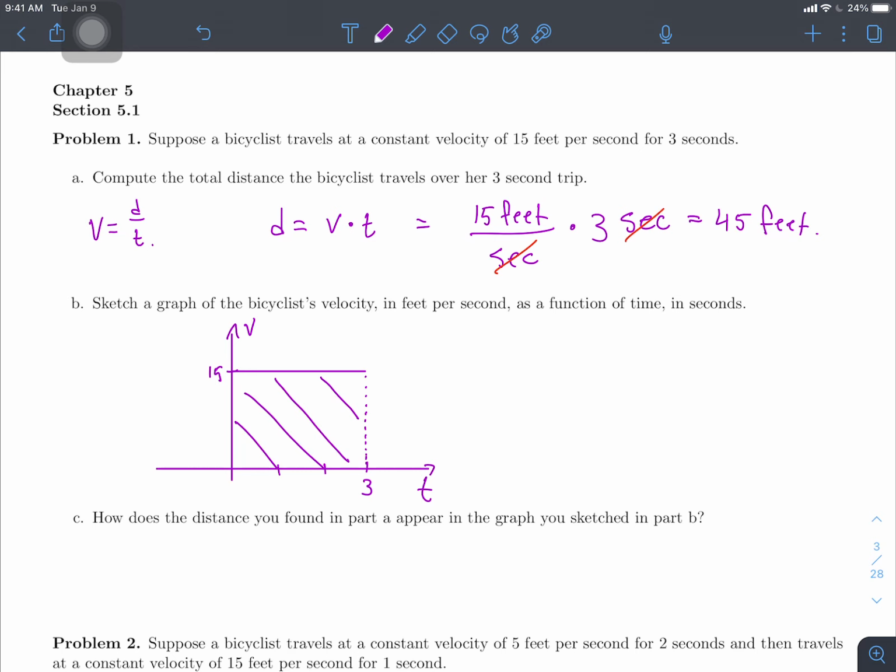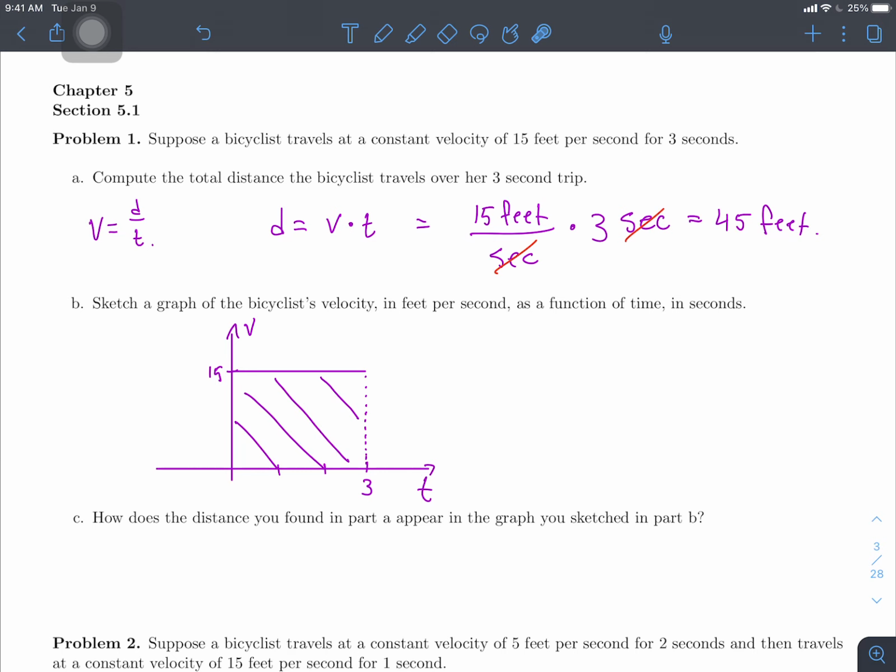So we recognize that the area underneath the velocity function is telling us something about the total change in distance, okay? So this is the fundamental basis of what integration is going to be all about, is checking how do we find accumulated change.